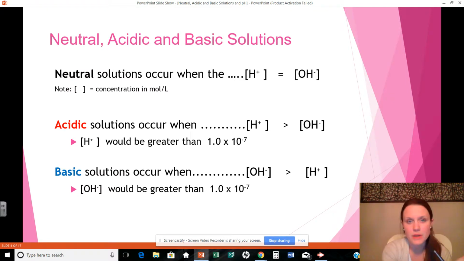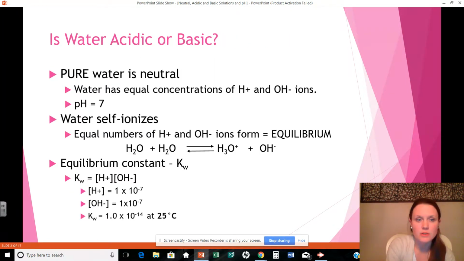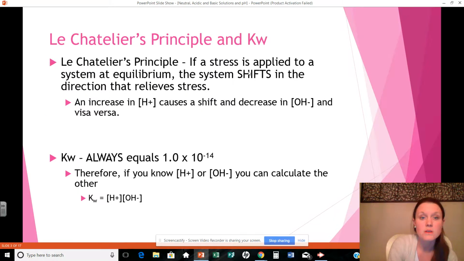So that was all some background information. We talked about, is water acidic or basic? Okay, so we learned that water is neutral. Okay, has a pH of 7 because it has equal concentrations of hydrogen and hydroxide. We talked about this value called Kw, which is the equilibrium constant, okay, which is true for pure water because pure water has equal concentrations of these two ions.